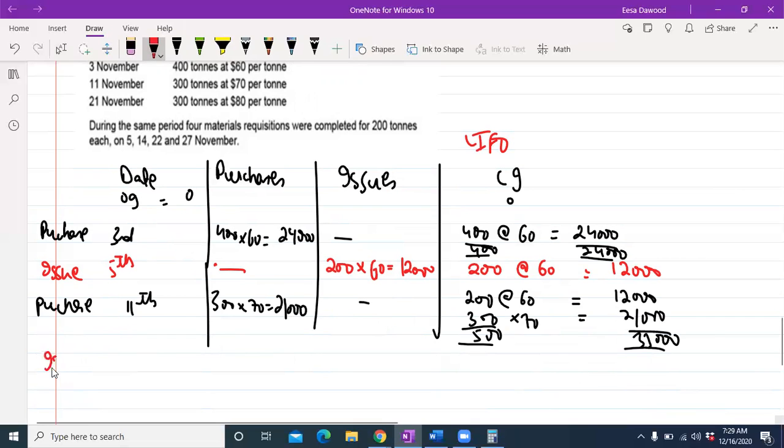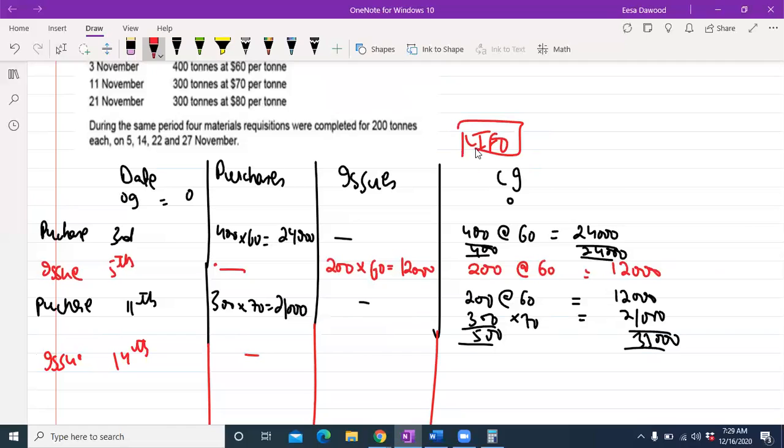After 11th it comes 14th. That's an issue on 14th, right? There were no purchases on that date. Now it's LIFO method, last in, first out, so we're going to issue 200 at 70. This will make it more costly, right?